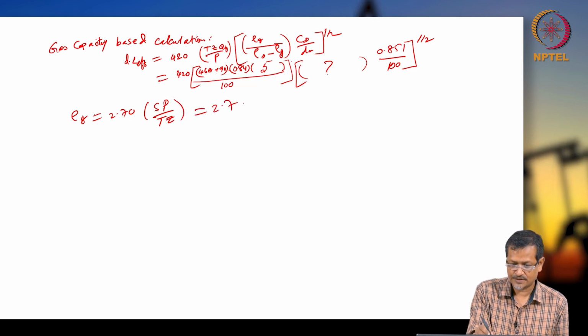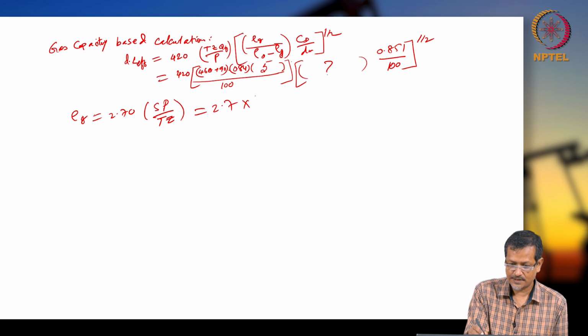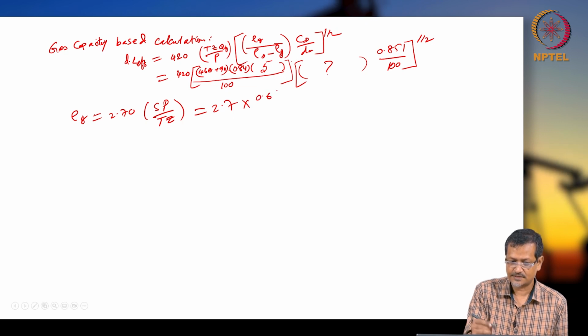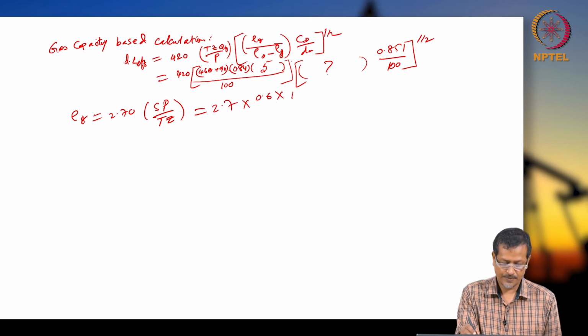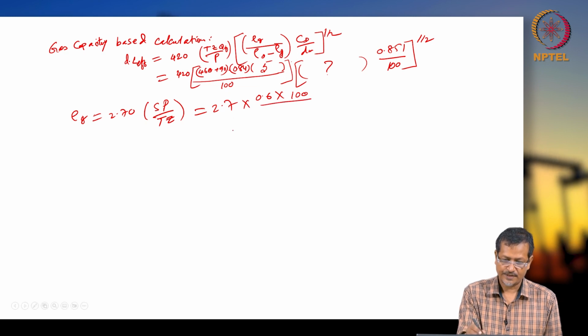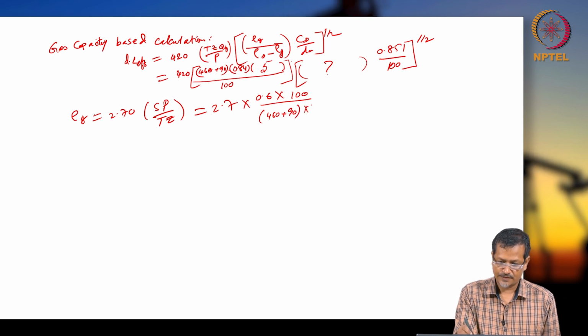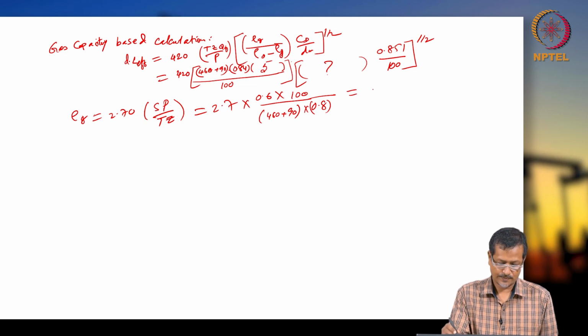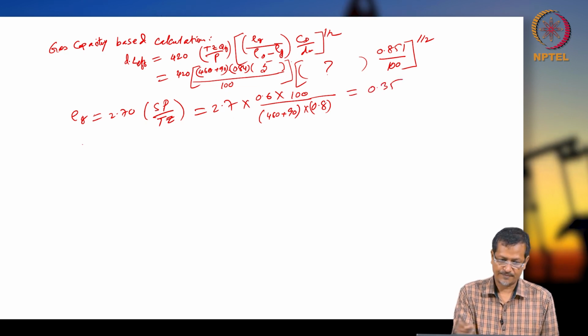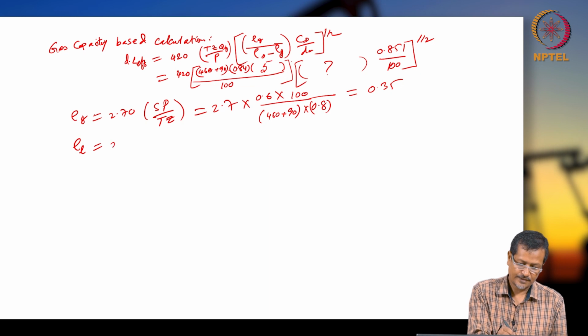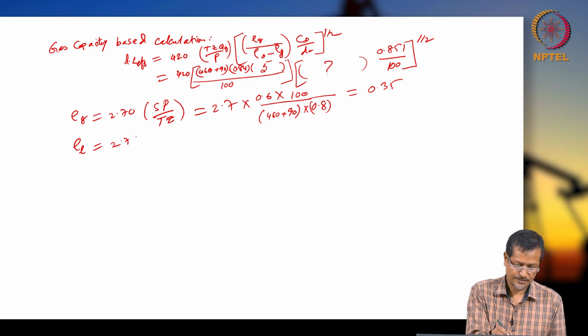So 2.7 into S, which is given as 0.6, the specific gravity of gas, P is pressure 100 psi, T is the Rankine temperature 460 plus 90, into Z 0.84. This gives 0.35.